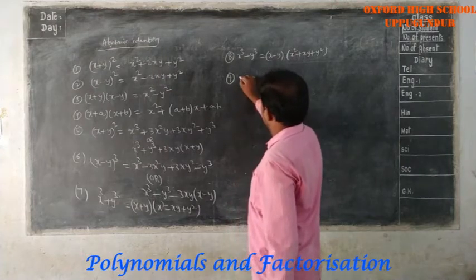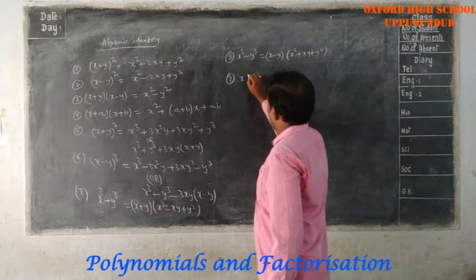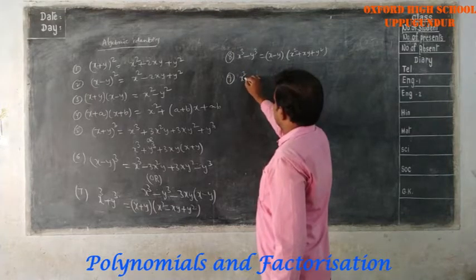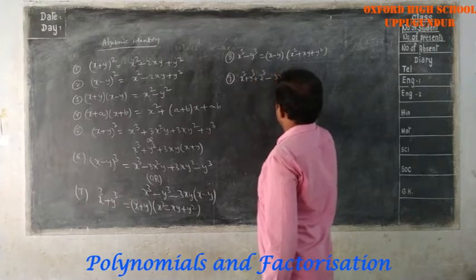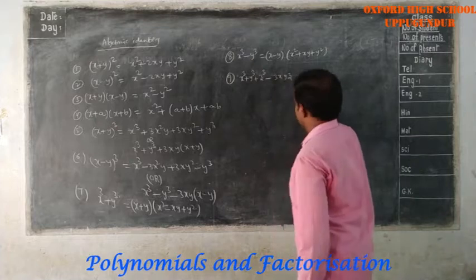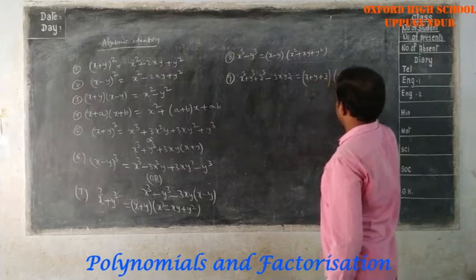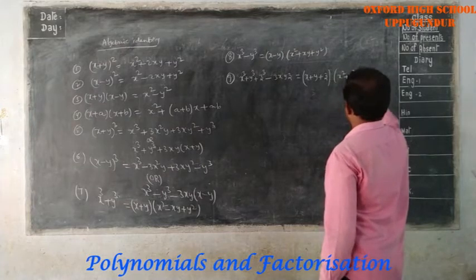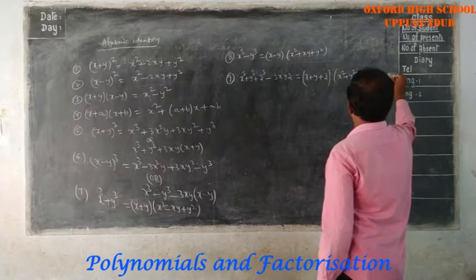Next, x cube plus y cube plus z cube minus 3xyz equals (x plus y plus z) of (x square plus y square plus z square minus xy minus yz minus zx).